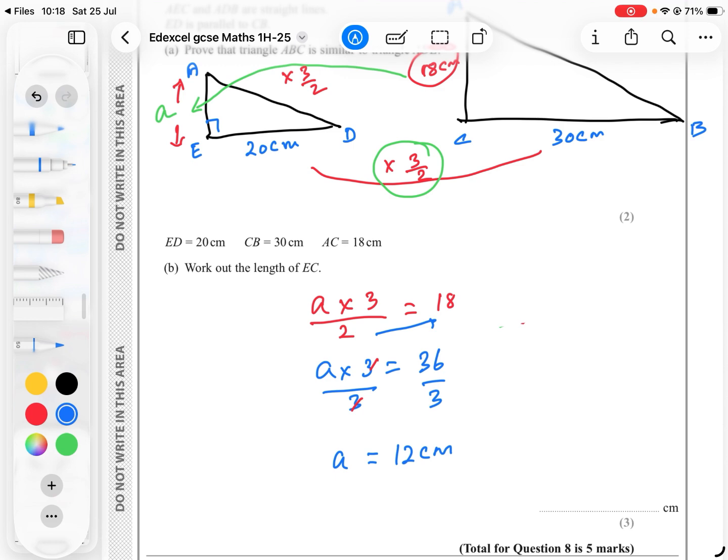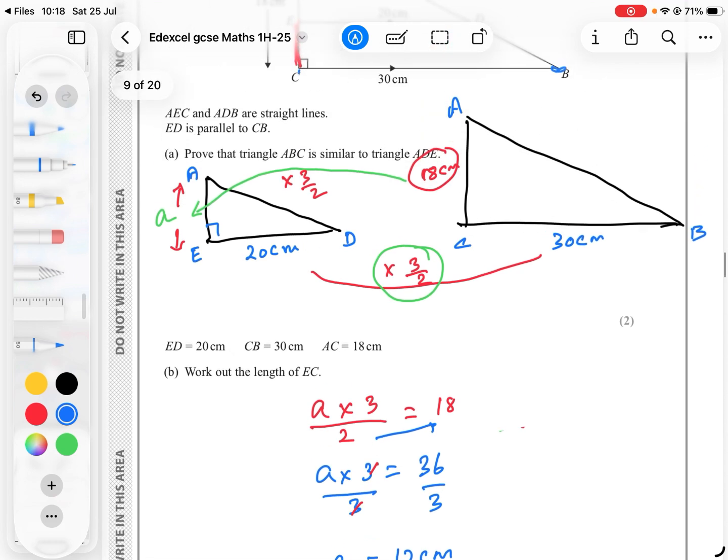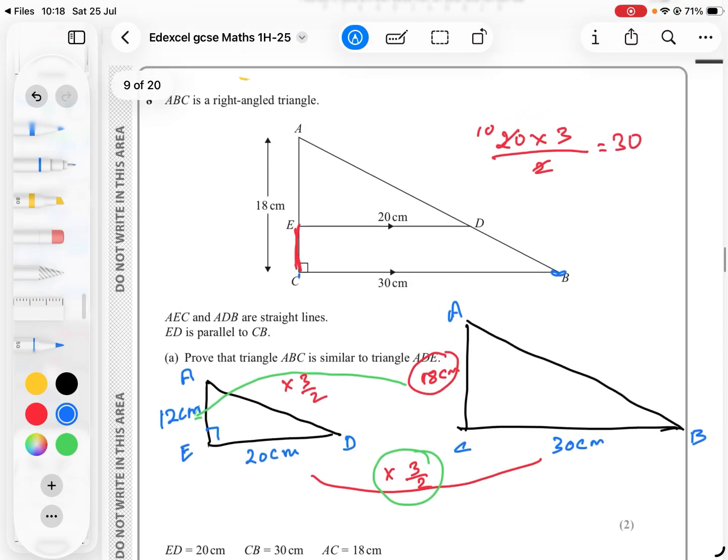So that means this length AE is 12 centimeter.